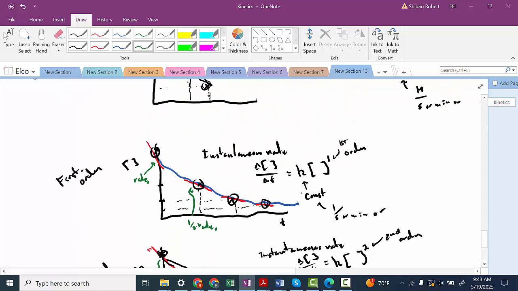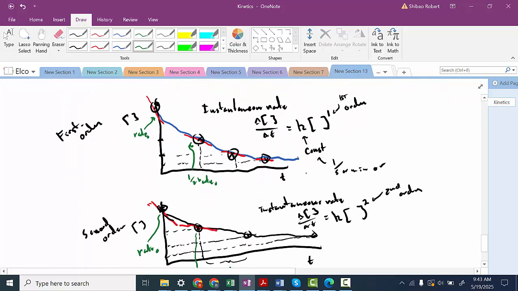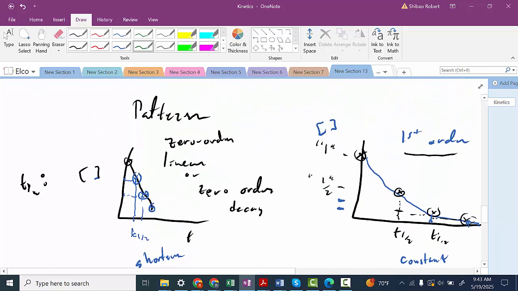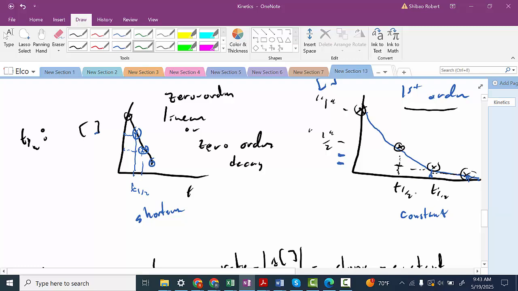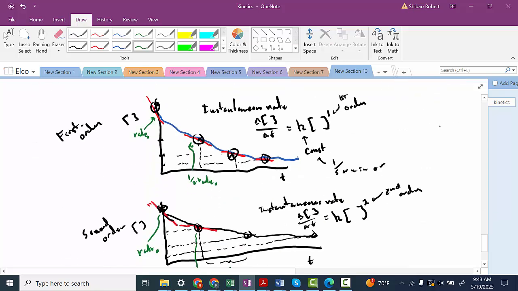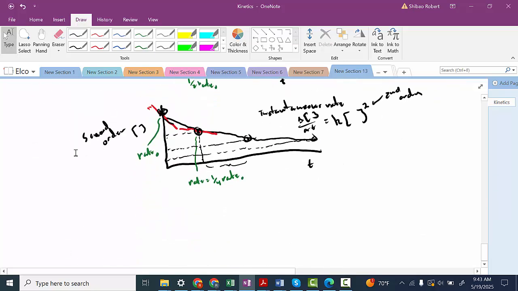And so we're going to look at the mathematics of this. In fact, we're also going to look at the mathematics of the T1 half. Empirically, T1 half is just this, but we're going to do some calculations. These are just some basic empirical observations, but there are other observations where we don't track the reaction progress.